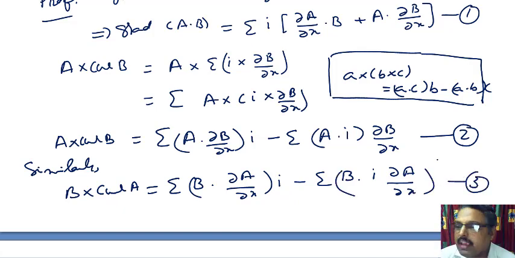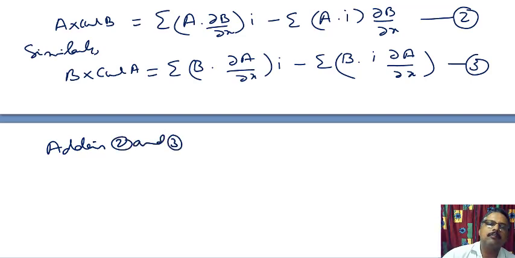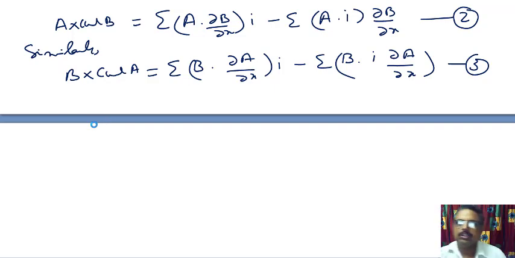Adding 2 and 3, what happened? Just 1 minute. If you are adding 2 and 3, what about the left hand sides? A cross curl B plus B cross curl A. So we add the corresponding right hand side terms.